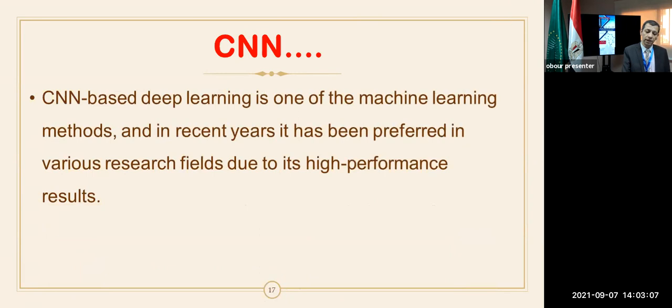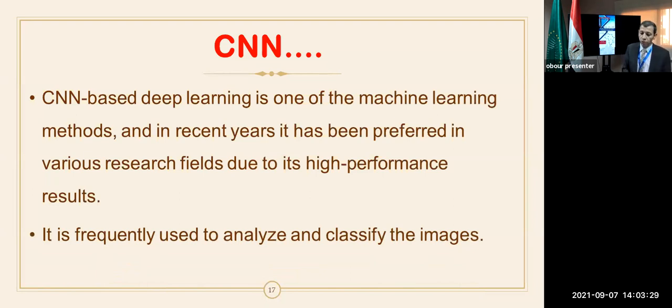CNN extended to deep learning, which is one of the machine learning methods that has risen in recent years and is used in different research because of its high performance results.